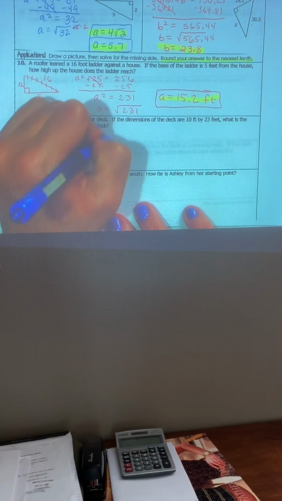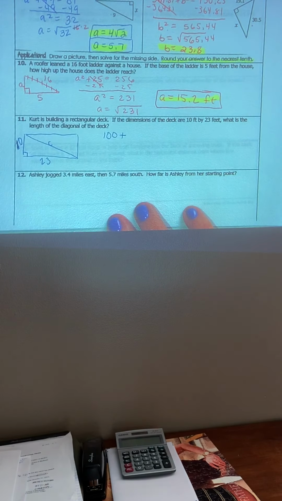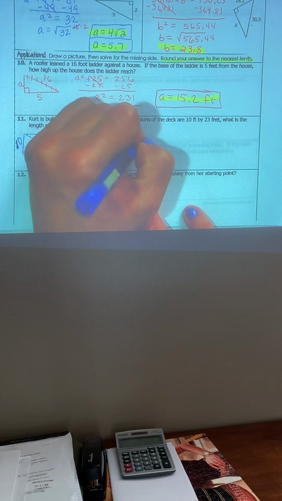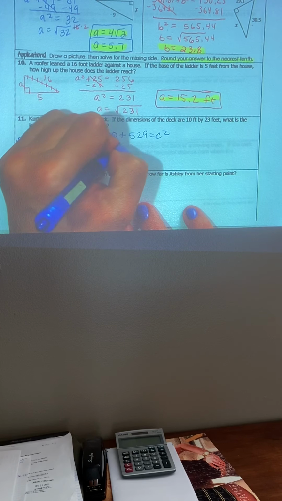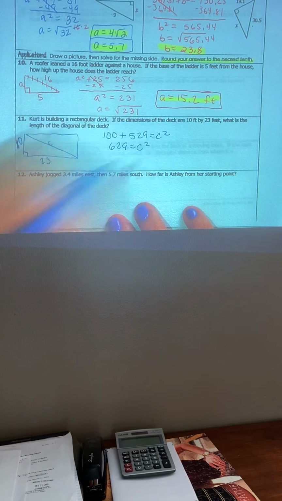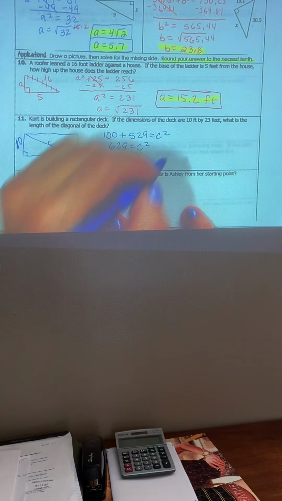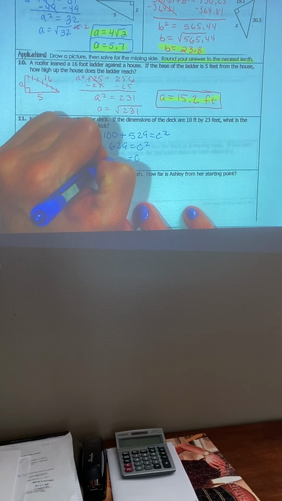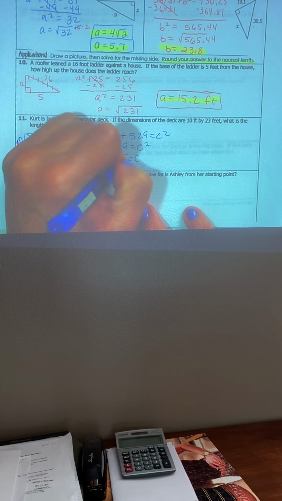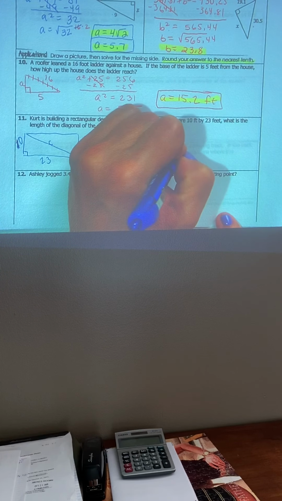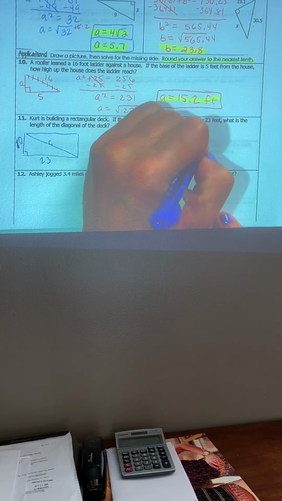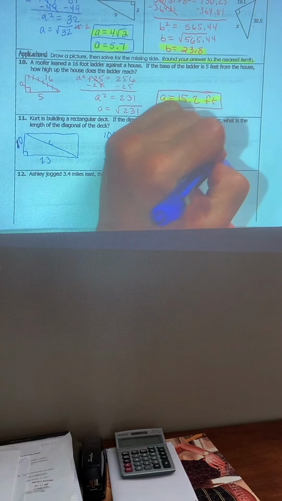So 10 squared is 100. 23 squared is 529. So that's 629 equals C squared. That's not my answer because that's C squared. I need C. Got to take the square root. The square root of 629 is 25.1. And we're talking feet.